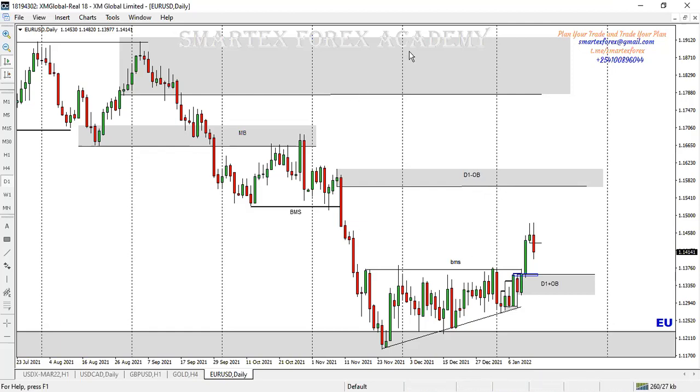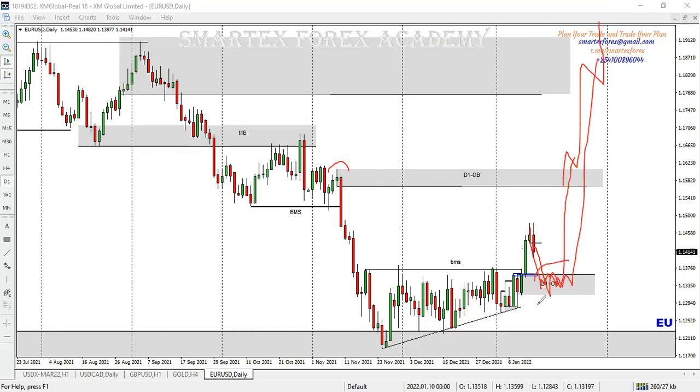So since we had this breakout, we need to see a correction back to these zones before we continue with the up move. And if this high is violated, then we'll continue going higher and higher. But for the meantime, look for sells up to these zones, then we buy from here.